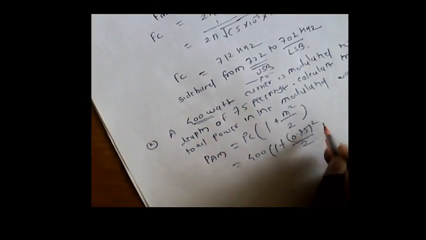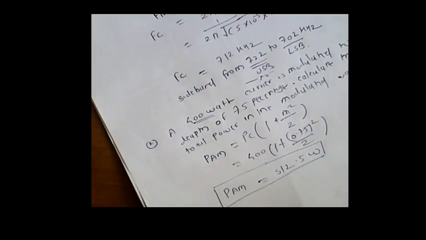So 400 × (1 + 0.75²/2) comes out to 512.5 watt. So this is the total power in the modulated waveform.